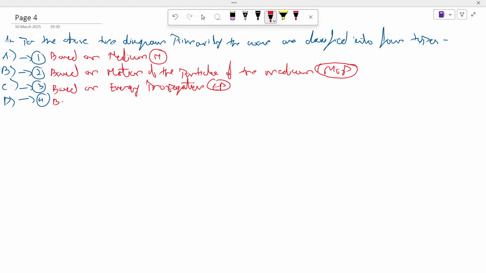And last but not the least, it is divided on the basis of direction of propagation, in short DOP.